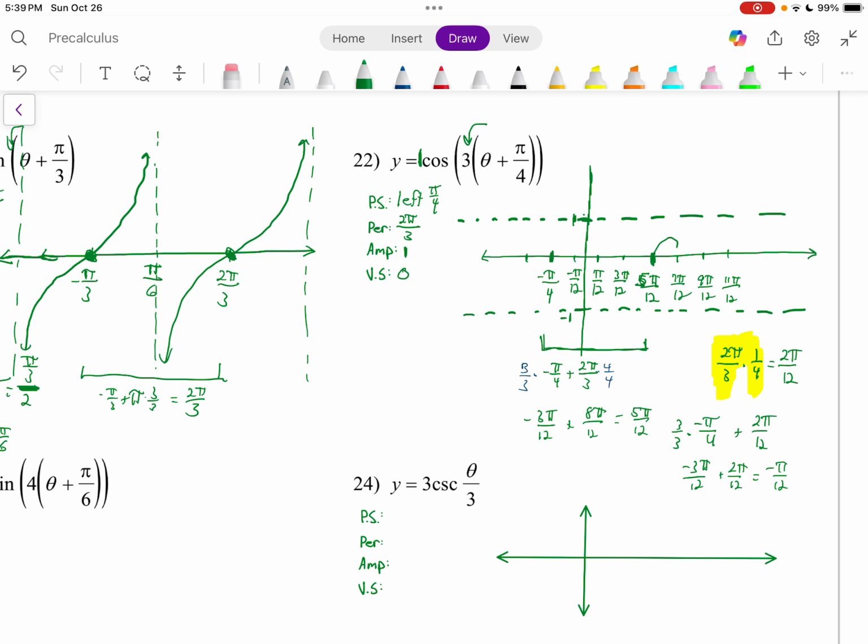And so remember, this negative pi over 4 was our starting spot. Cosine starts up and then down. Now our y-axis is just there. That's not one of our special points in there. So down to 0, down to negative 1, back up to 0, back to 1. And we can continue that pattern as we work our way through here.